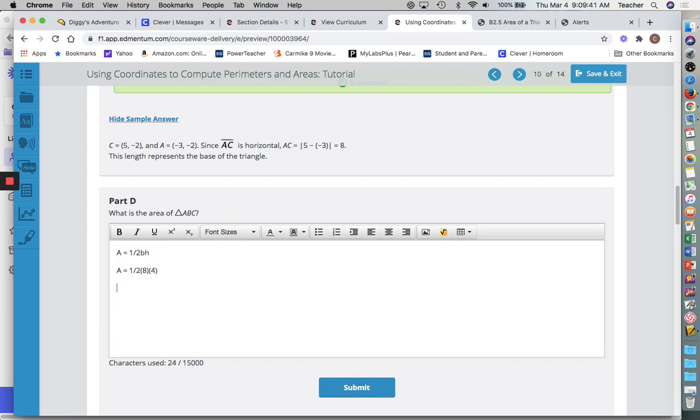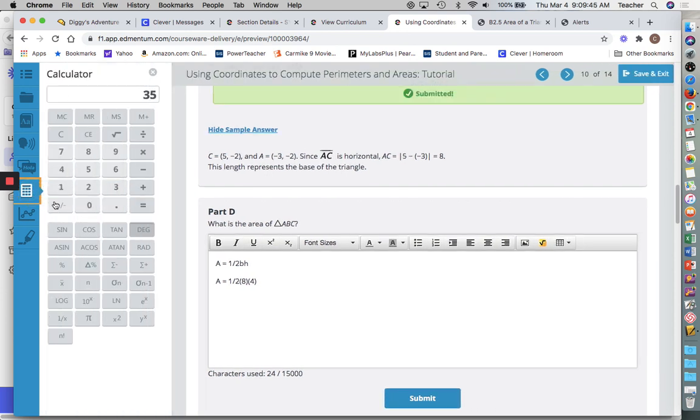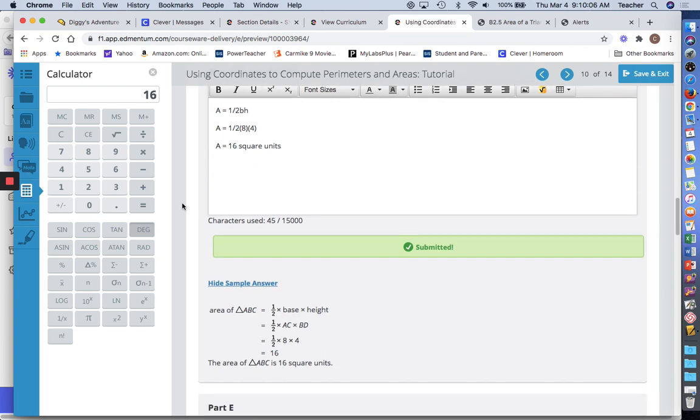So we got 1/2 times 8 times 4. Grab a calculator. 1/2 times 8 times 4. Well, 8 times 4 is 32. If I cut that in half, in other words, I divide by 2, I've got 16. So my area is 16 square units.